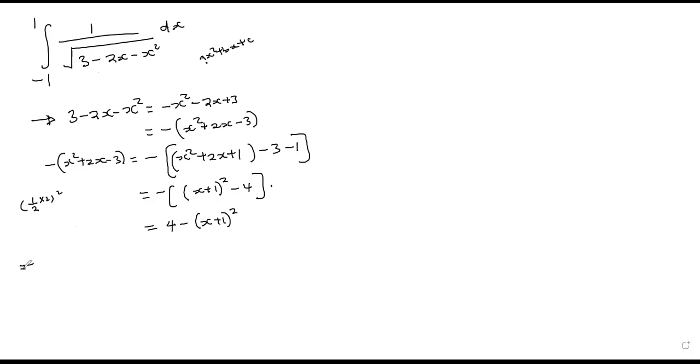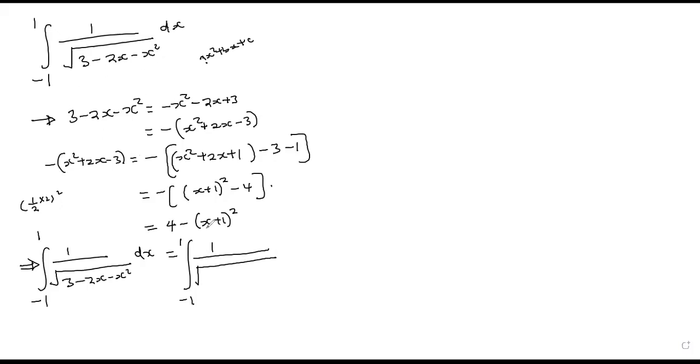It implies that our integral from negative 1 to 1 of 1 over root 3 minus 2x minus x squared dx is the same as the integral from negative 1 to 1 of 1 over, instead of writing this now, we're going to say root, then instead of writing this, we shall write this result, 4 minus x plus 1, then squared dx.